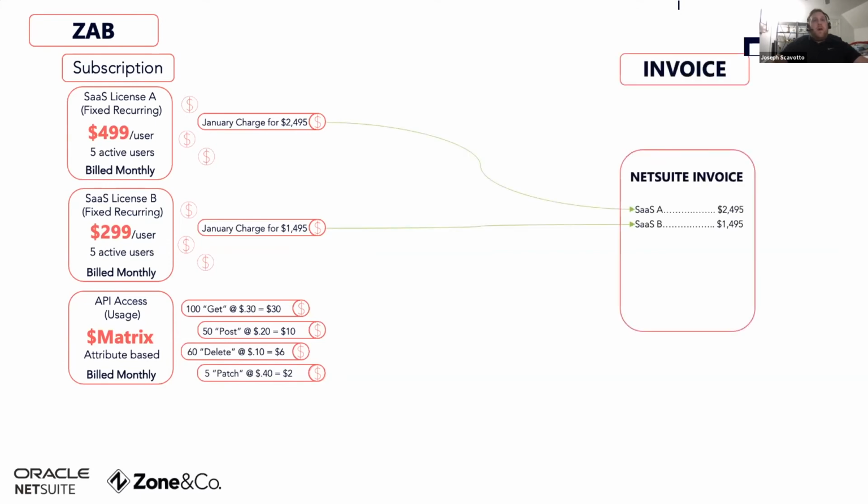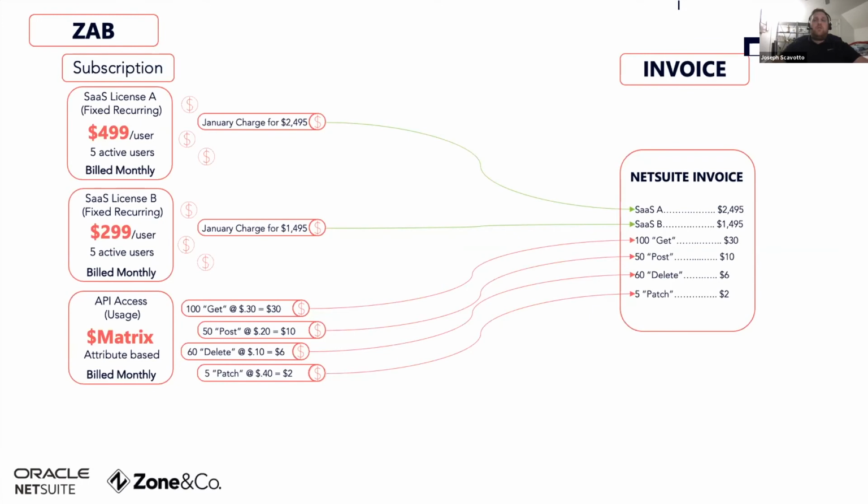Now, ultimately, how do I want that information displayed on the invoice? As you can see, you might have your January charges coming through, typically how you would see them on an invoice. But how do you actually want that information displayed? This is more the traditional way of displaying that information.